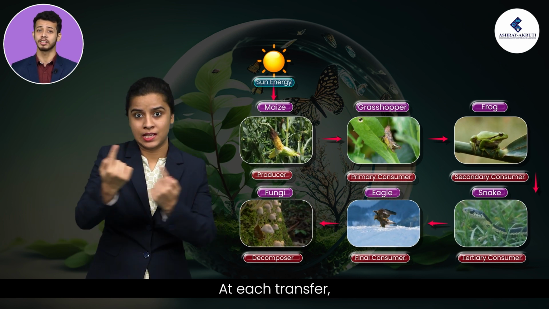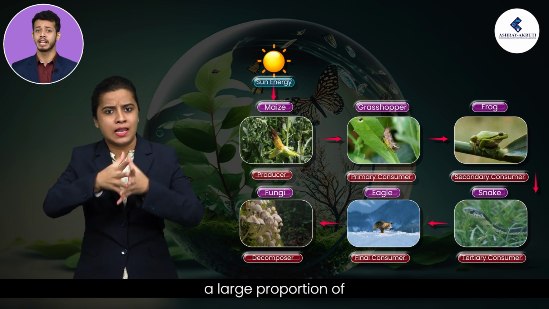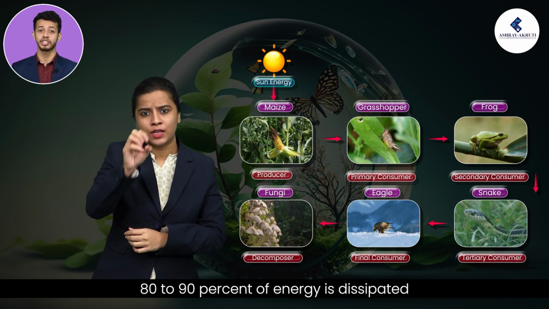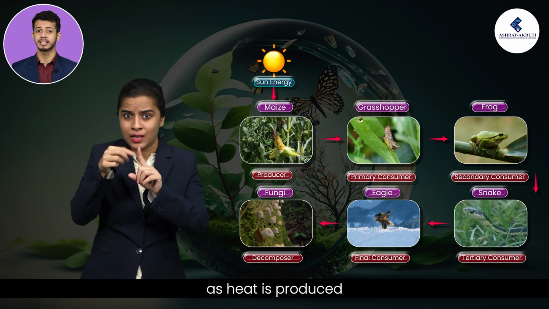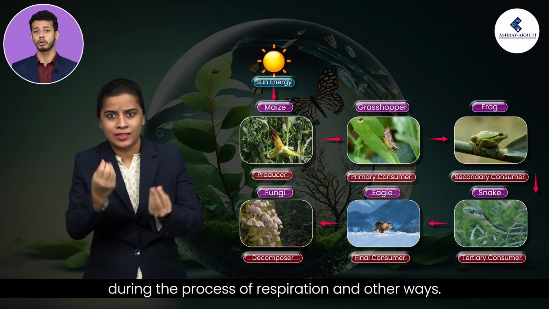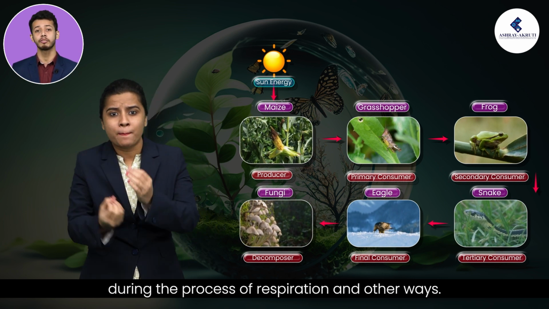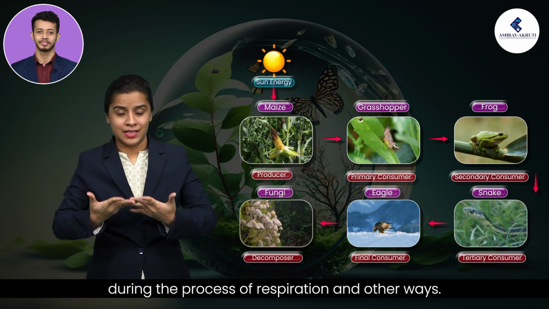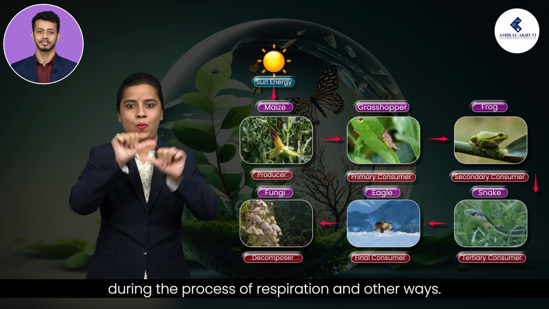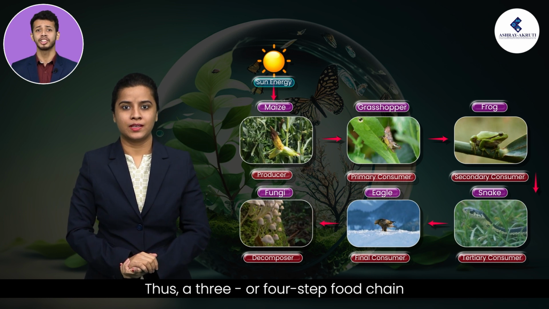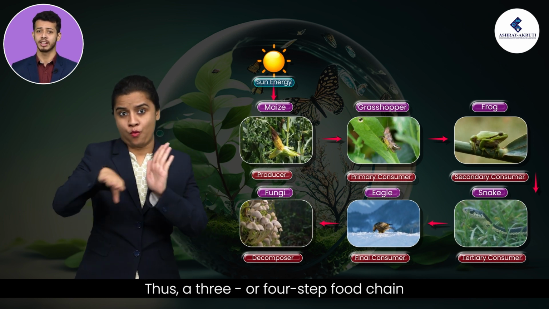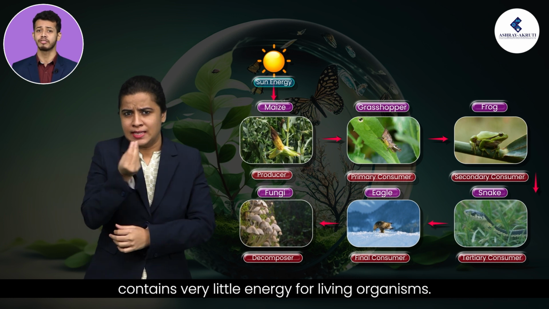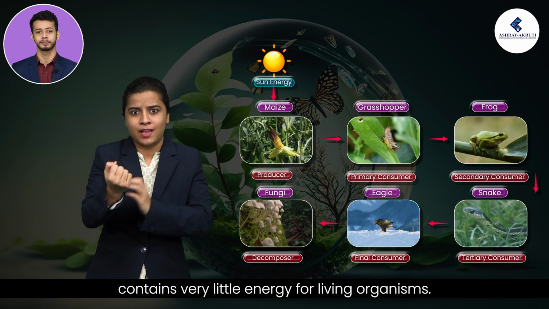At each transfer, a large proportion of 80 to 90% of energy is dissipated as heat produced during the process of respiration and other ways. Thus, a 3 or 4-step food chain contains very little energy for living organisms.